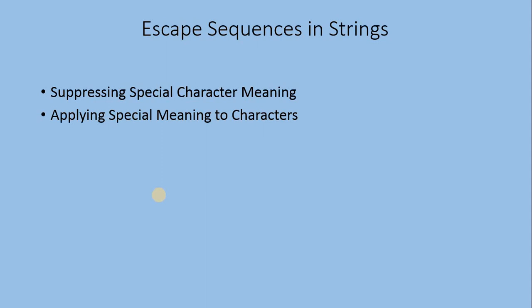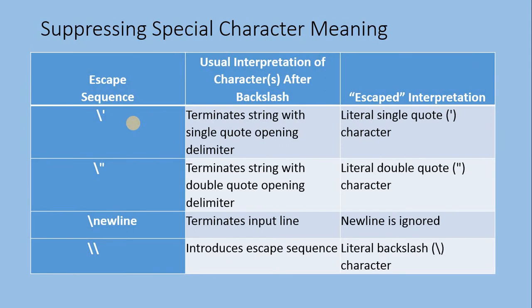So let me show you how it works. There are two types: suppressing special character meaning or applying special meaning to characters. So we go through one by one. Now, suppressing special character meaning. These are the four types for suppressing special character meaning.